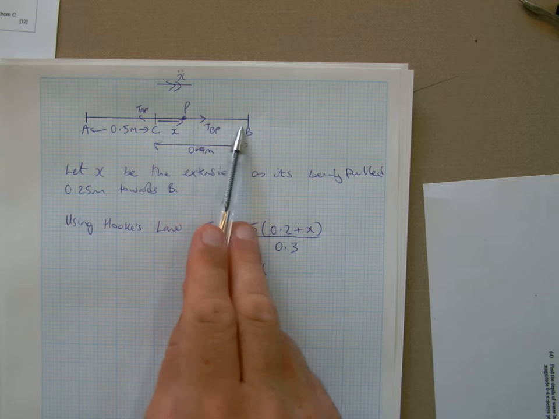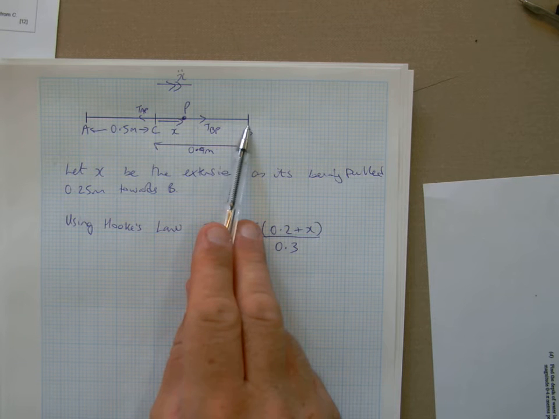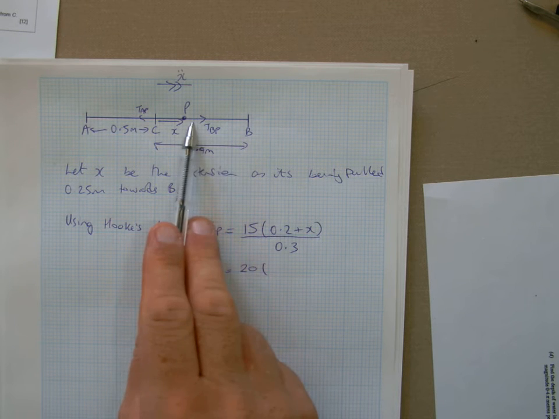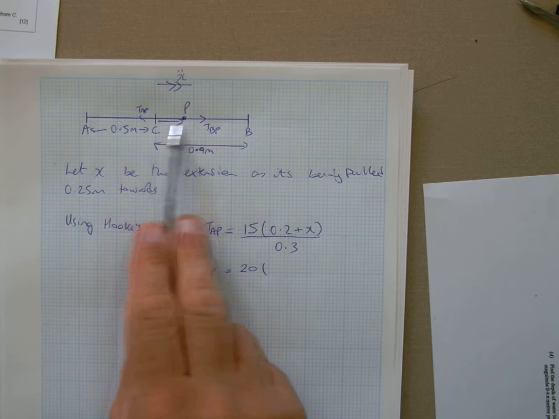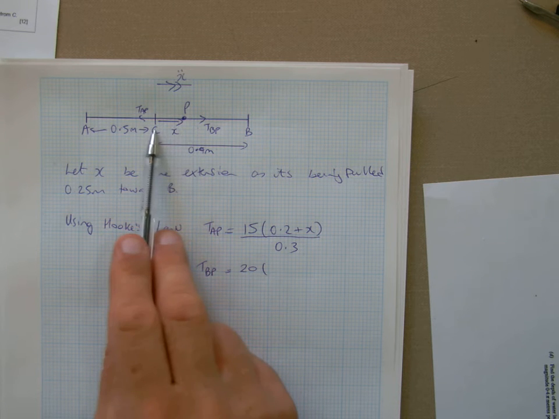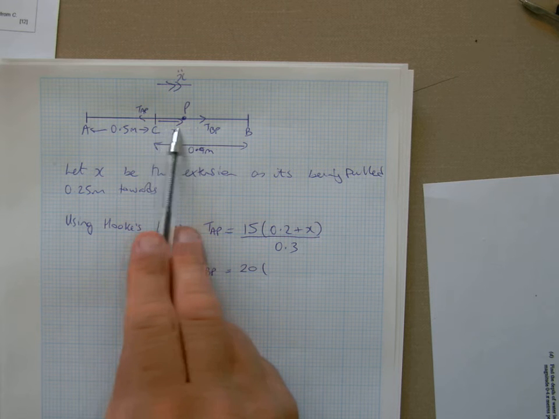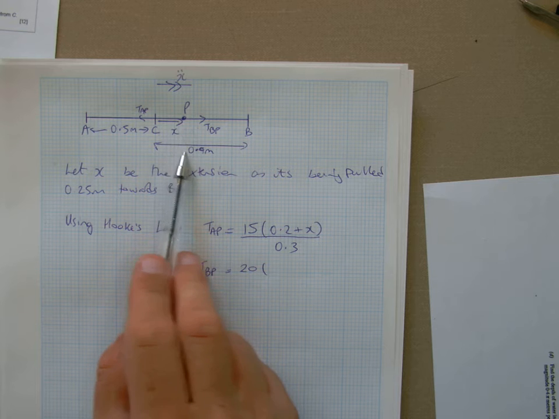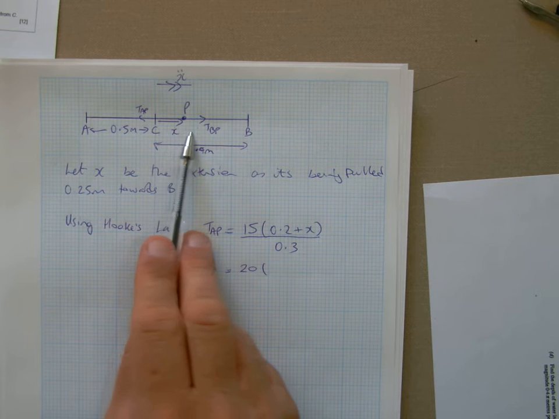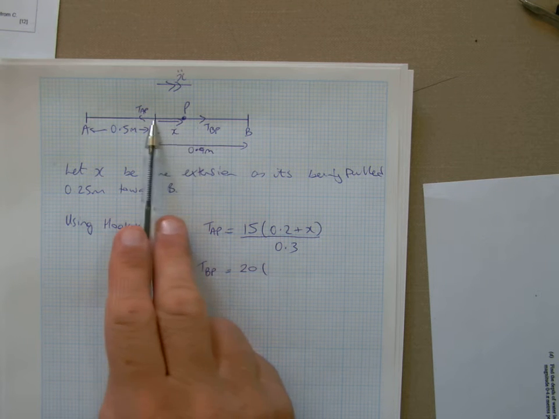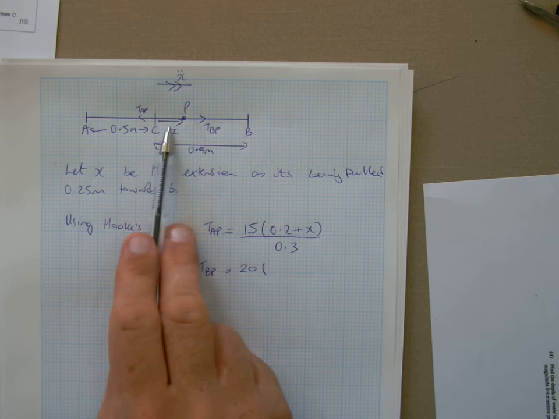So if it's 0.9 meters, let's think about the actual extension of string BP. The natural length of BP in the question is 0.6 meters, so the extension is 0.3. When it was at C, in equilibrium, the extension of BP was 0.3 meters, because it's 0.9 in total. But now, because it's being pulled this way, that extension is going to be reduced.